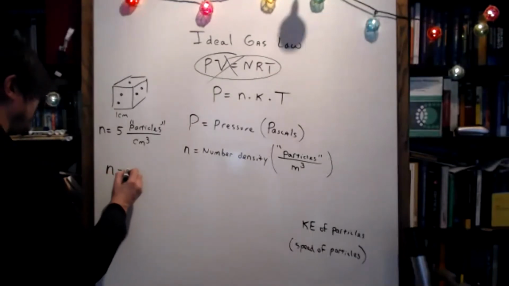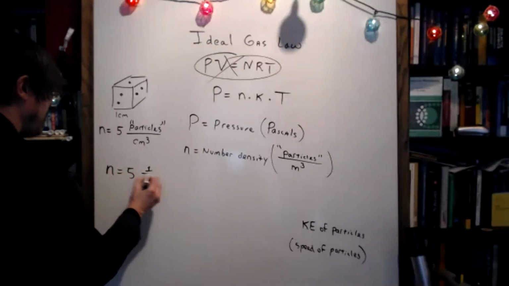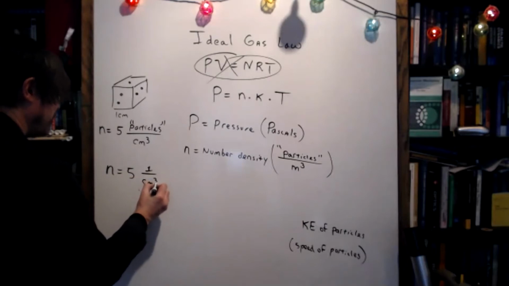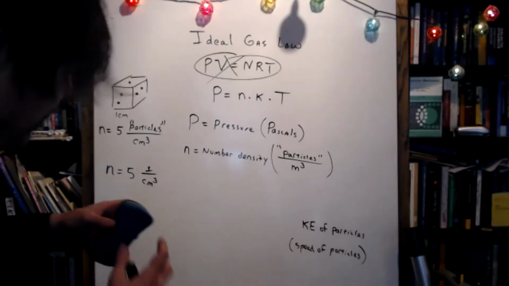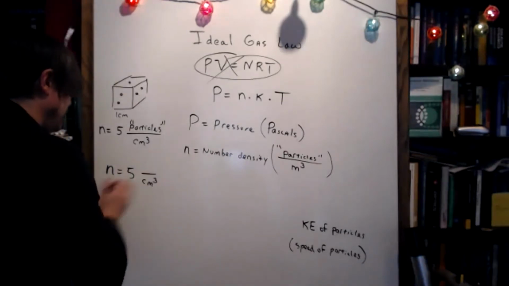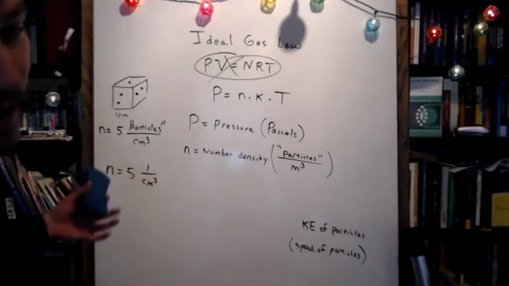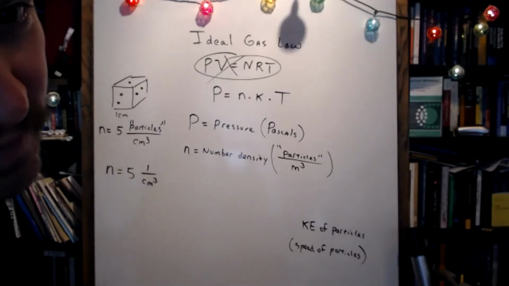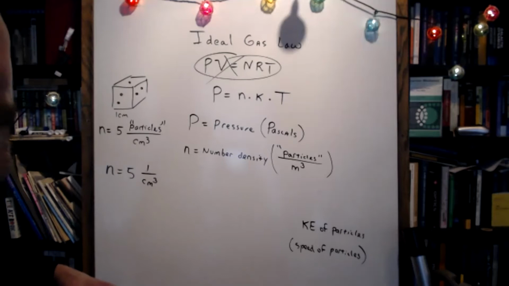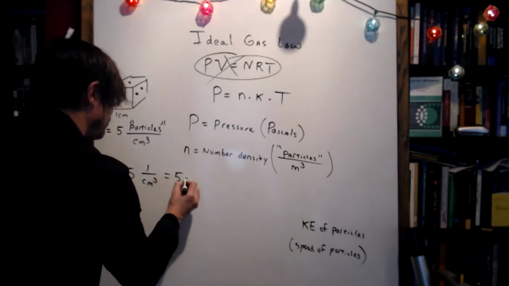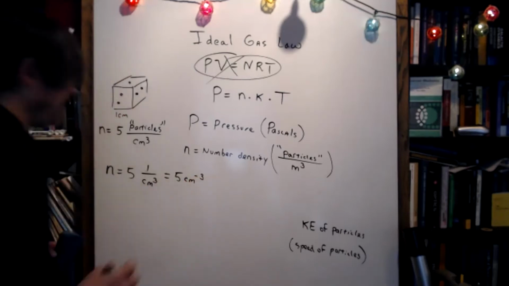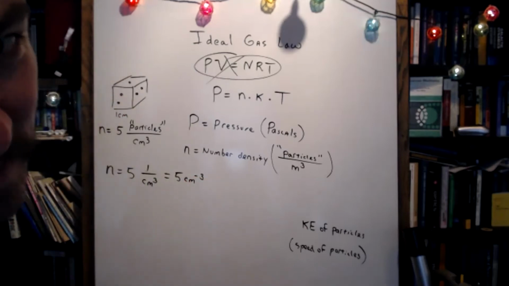They write number density as 5 per cubic centimeter, where you think inside your head, I'm talking particles per cubic centimeter, but you don't always write the term particles. You just write 5 1/centimeter cubed. Sometimes when astronomers are feeling lazy or they just want to confuse their students, they'll even write number densities this way: 5 centimeters to the -3.